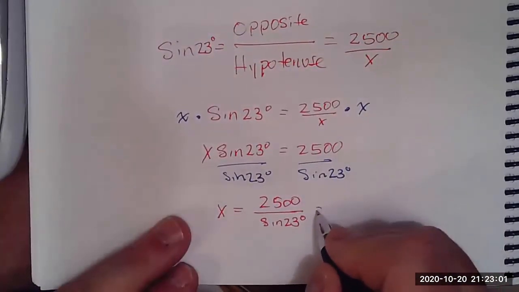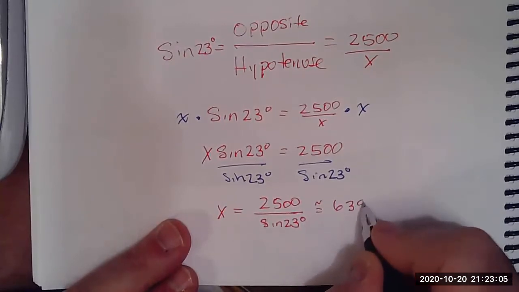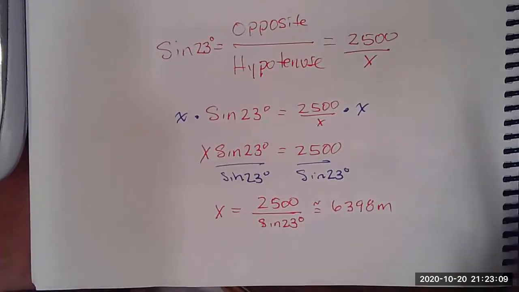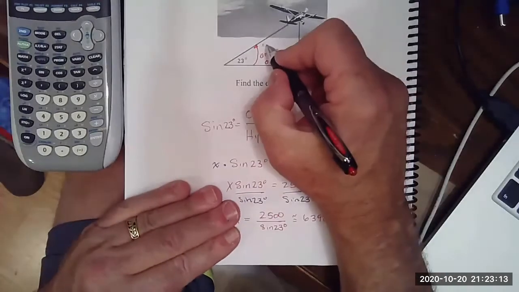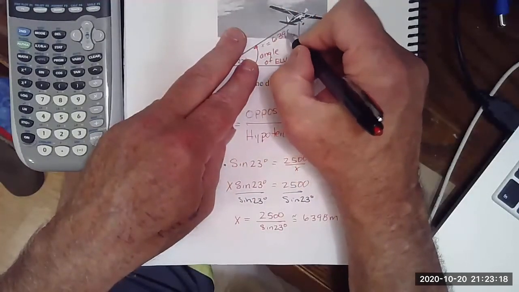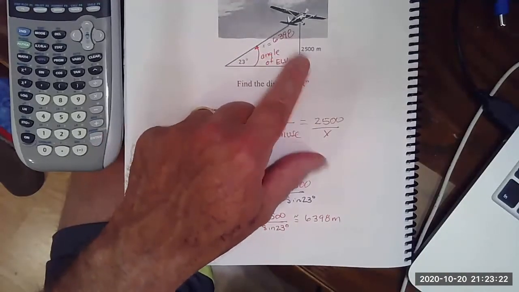So 6,398 meters is the hypotenuse. Certainly longer, that's the longest side, longer than the height right there.